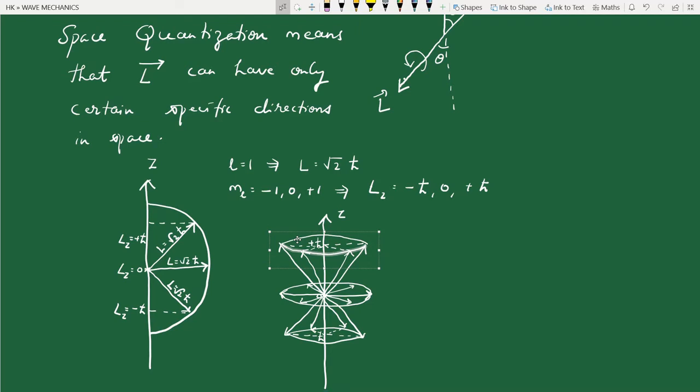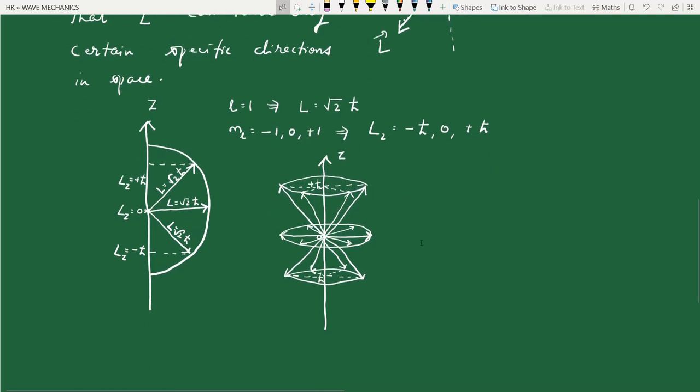Then what about the orbit of the electron? If we again try to visualize this orbit in terms of the Bohr model, what happens to this orbit? You can try to visualize this orbit perpendicular to this angular momentum vector. Consider this first figure.